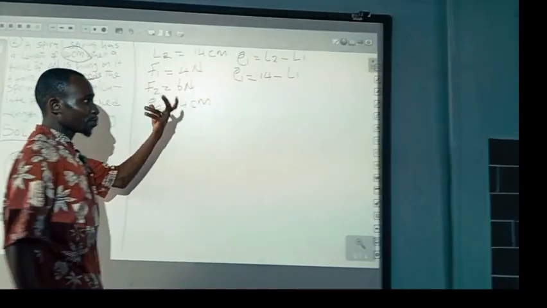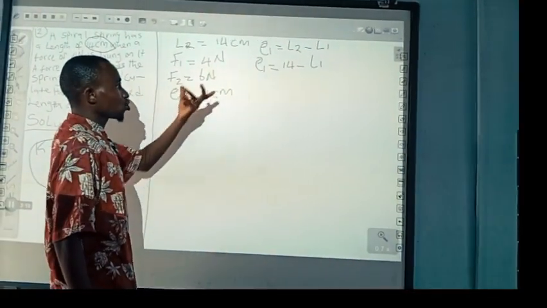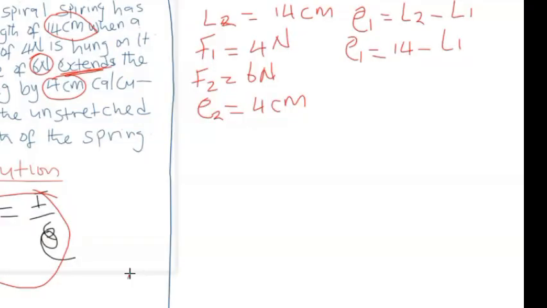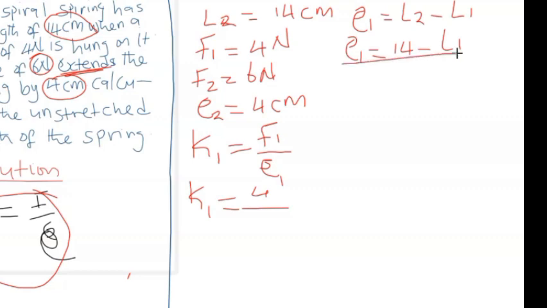All right. So since it's the same spring that we have these two extensions and these two forces, we are going to have K1 is going to be F1 over E1, which is expressed as what? K1 now is equal to my F1, 4, over my E1, which is 14 minus L1.